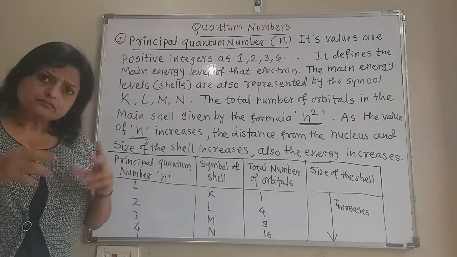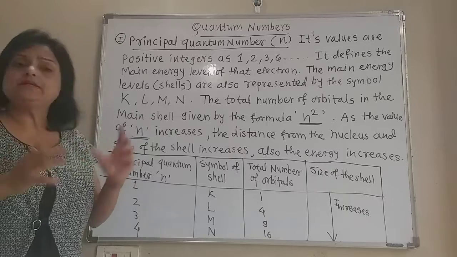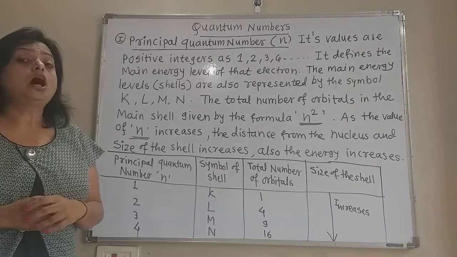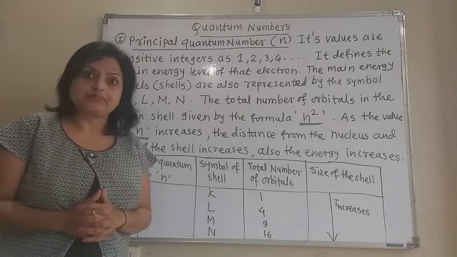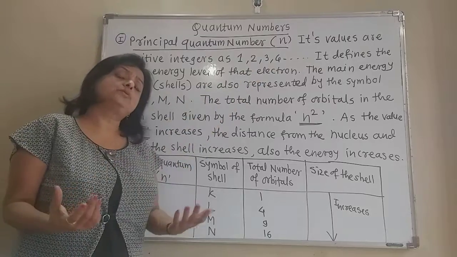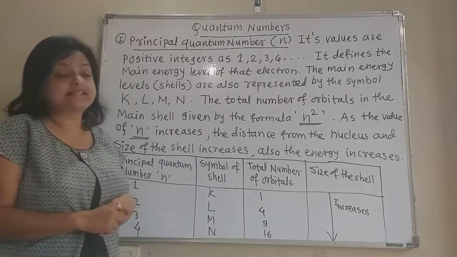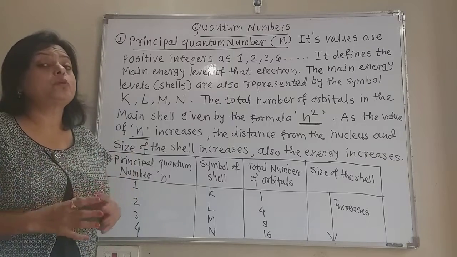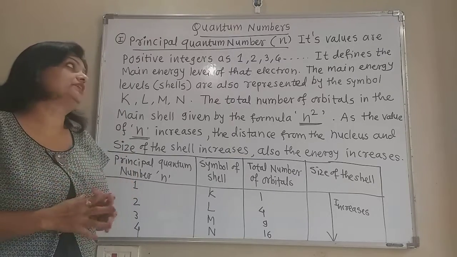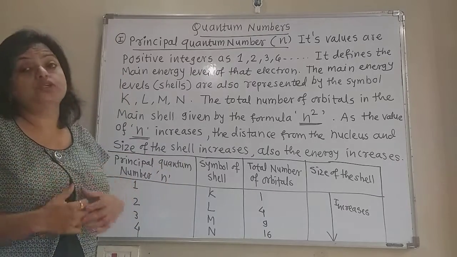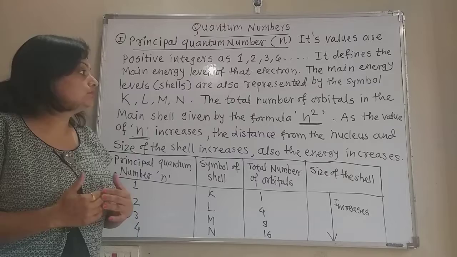Again, from the principal quantum number we get an idea about the size of the atom. As the principal quantum number increases, the size of the atom also increases, and it also gives us the distance of the electron from the nucleus.